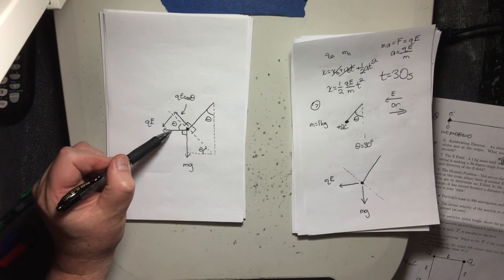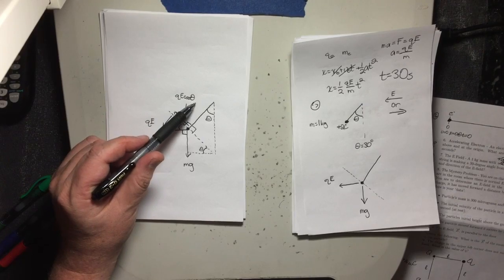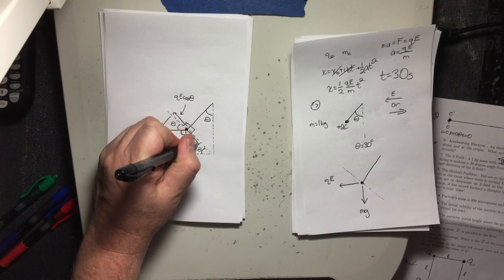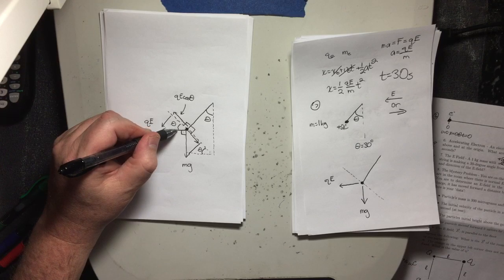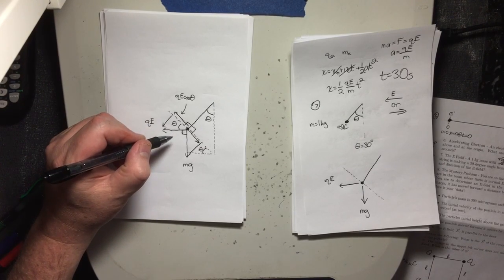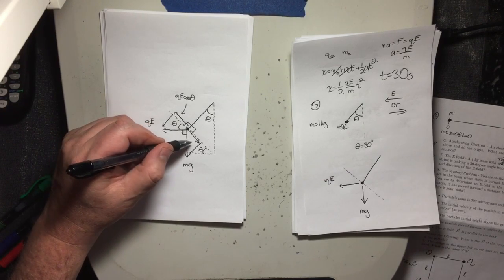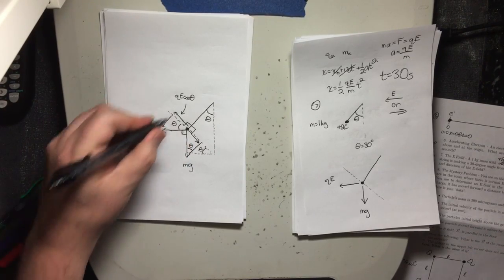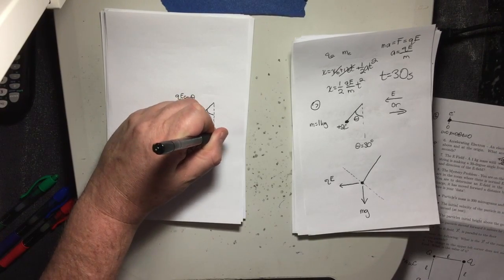If that is QE and that's theta, and because that is an angle theta and that is a right angle, then this has to be QE cosine theta. mg works the same as when you're on an inclined plane. If that's theta and that's 90 degrees, this is theta. And so this becomes mg sine theta.